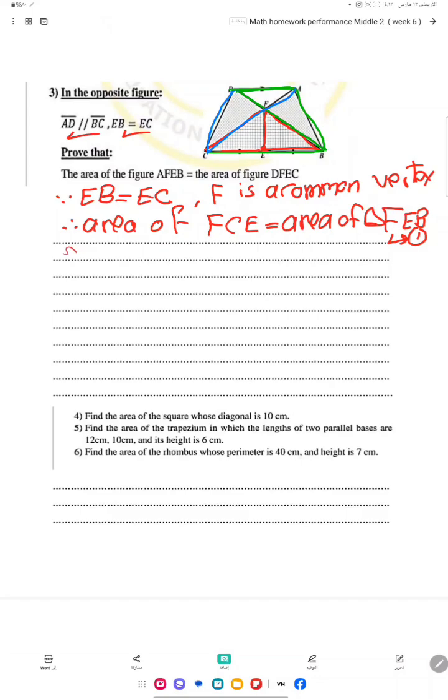Okay, let's write this. In the triangle ADB and the triangle ADC, since AD parallel to BC and AD is a common base, so they are equal in area.